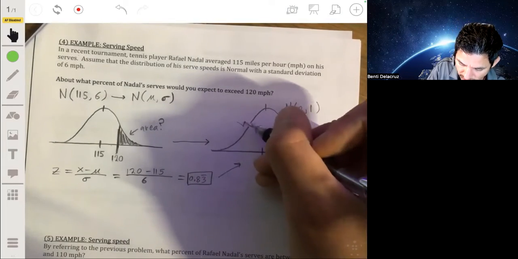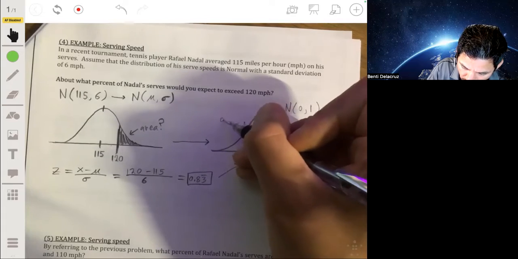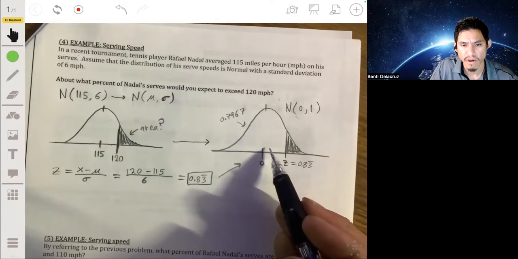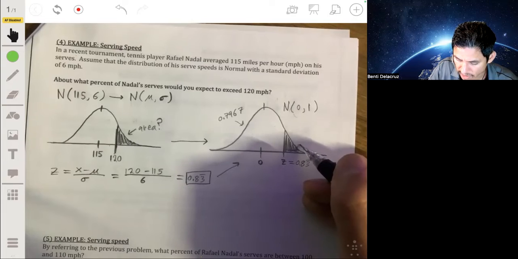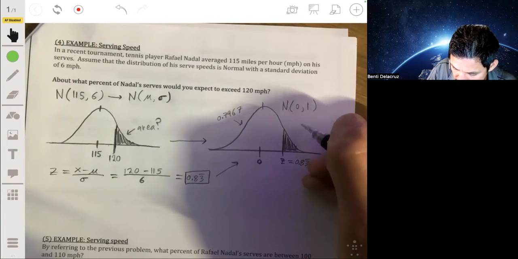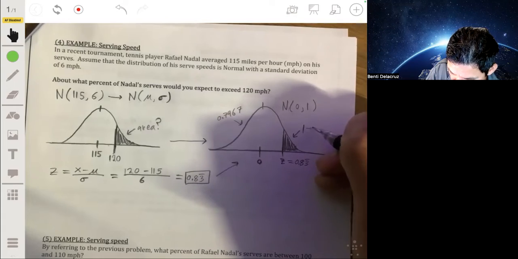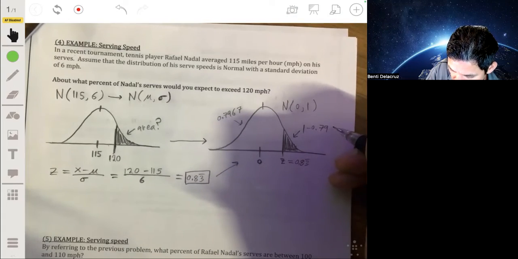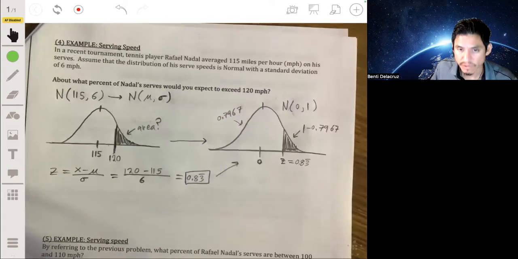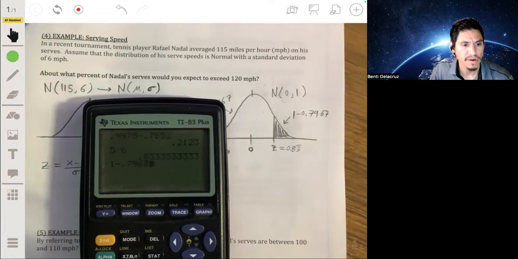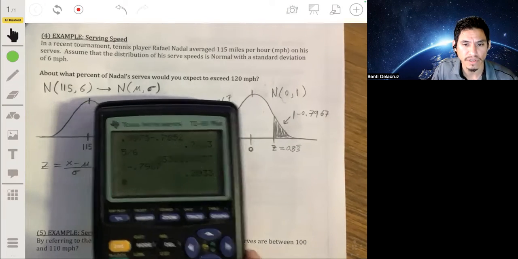So this area here is 0.7967 approximately. So that means this area would then be just 1 minus that 0.7967, which is going to be a little more than 0.2. About 0.2033.